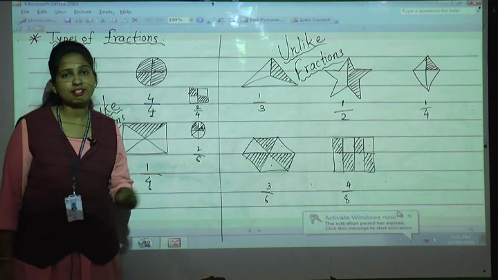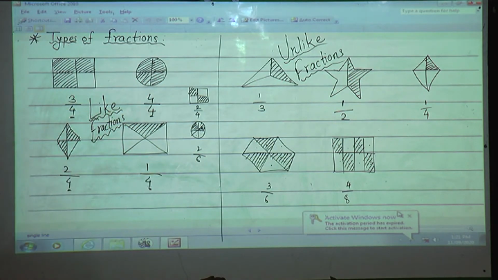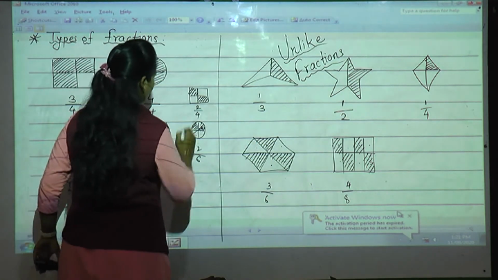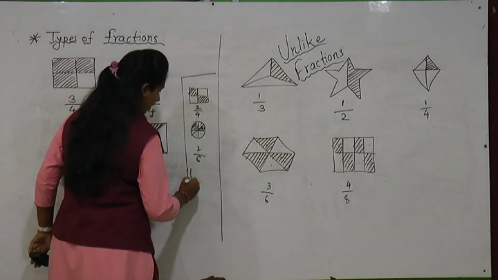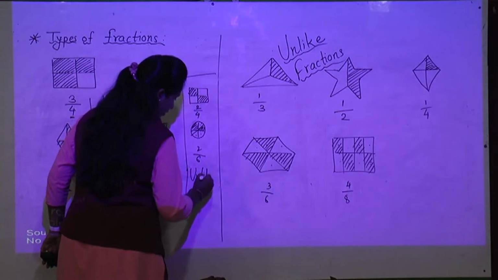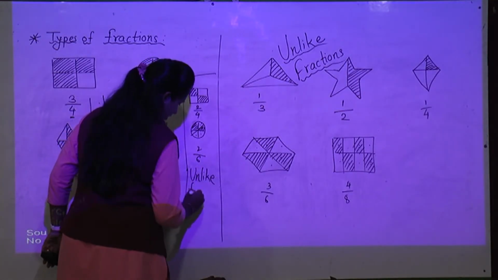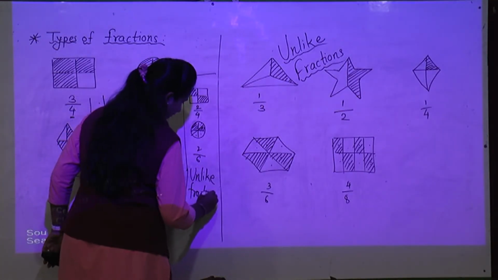You can see the similarity between these two fractions. The numerators are the same, but if the numerators are the same, are they called like fractions? No, not at all. They are called unlike fractions only. They are not like fractions.